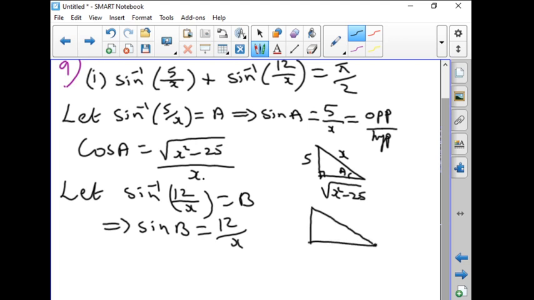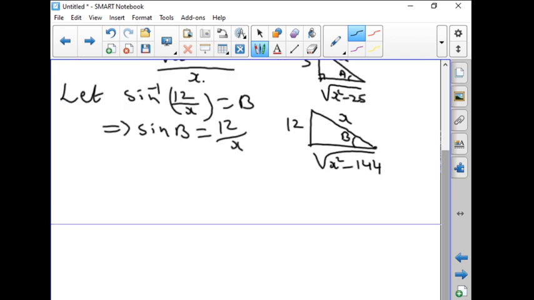This is B, opposite side 12 and hypotenuse x. So, the adjacent is root of x square minus 144. Therefore, cos B is equal to root of x square minus 144 divided by hypotenuse, that is x.